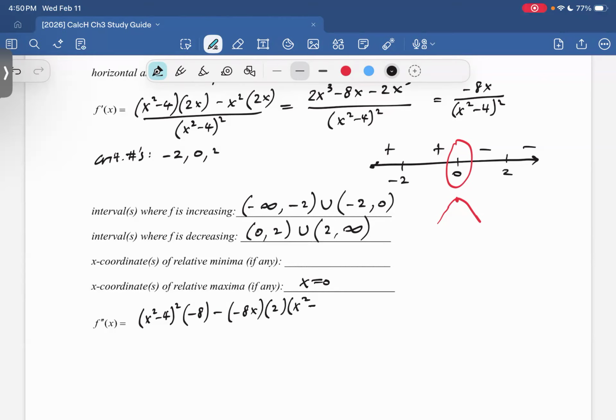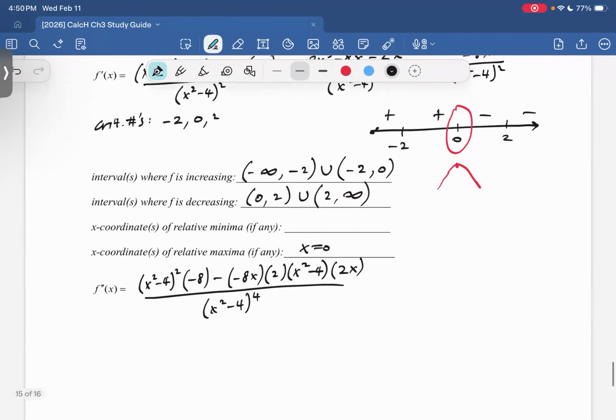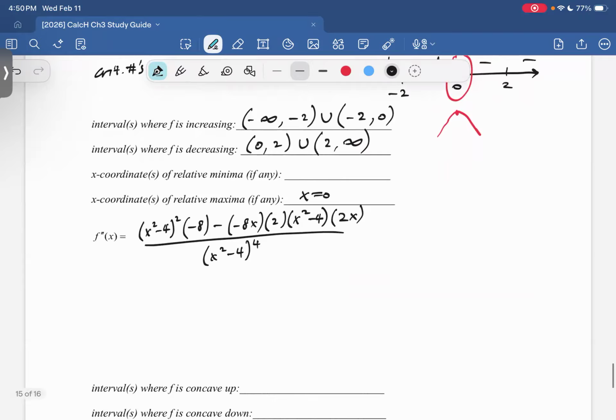Chain rule here, right? Pretty annoying to simplify. So let's expand the x squared minus 4 squared.